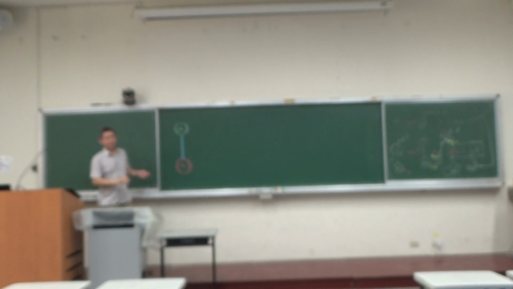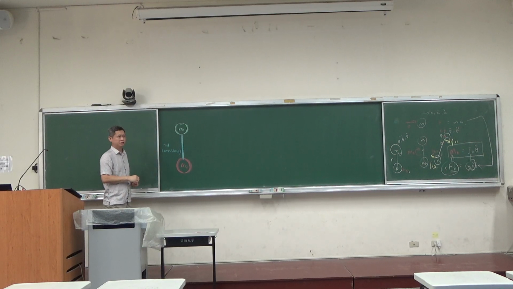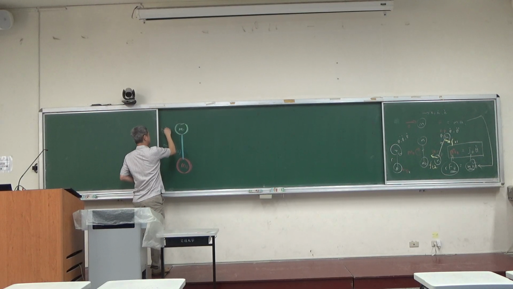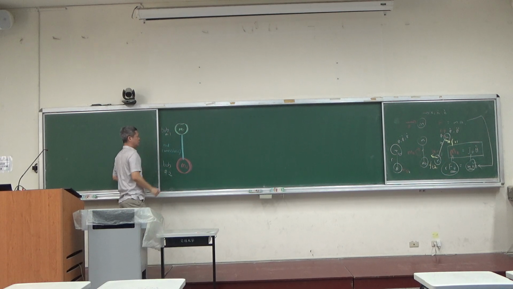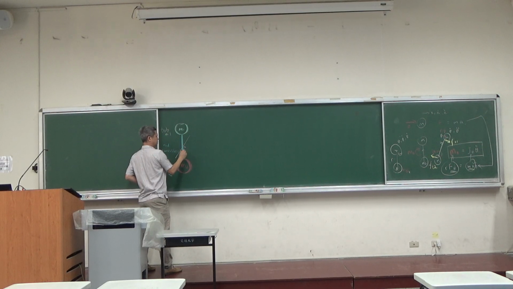This is a rod which is massless. This is bob number one, and this is bob number two. It is going through rotation about a pivot.